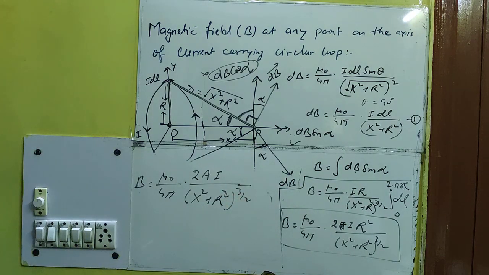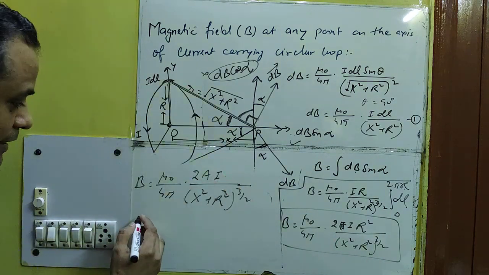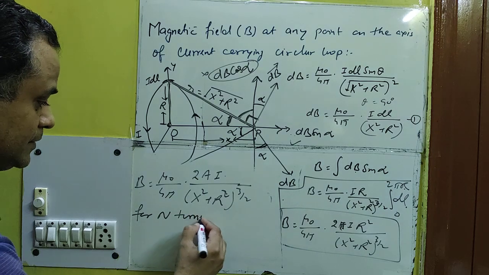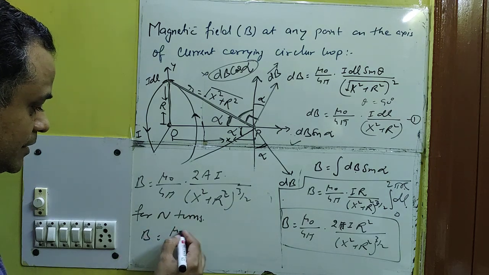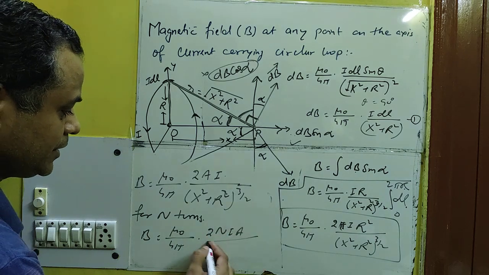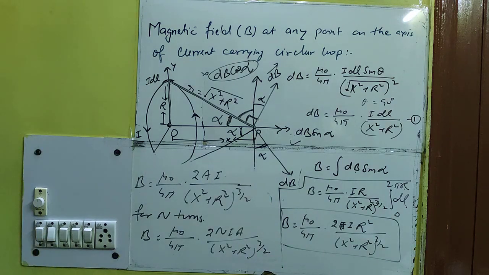Okay children, now suppose that there are n turns on the loop, so you can multiply by n. For n turns, this formula becomes 2nIA upon x square plus r square power 3 by 2.